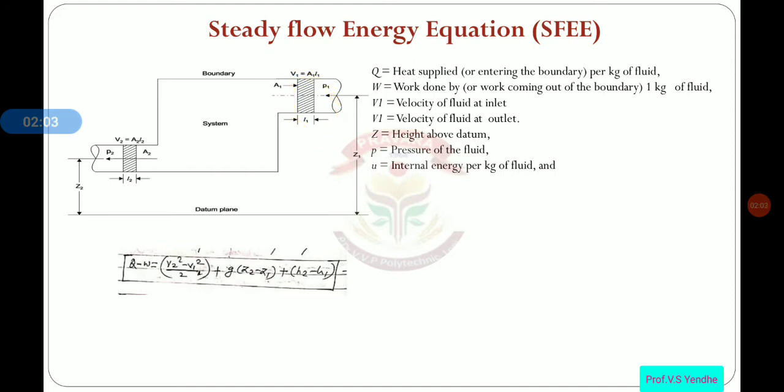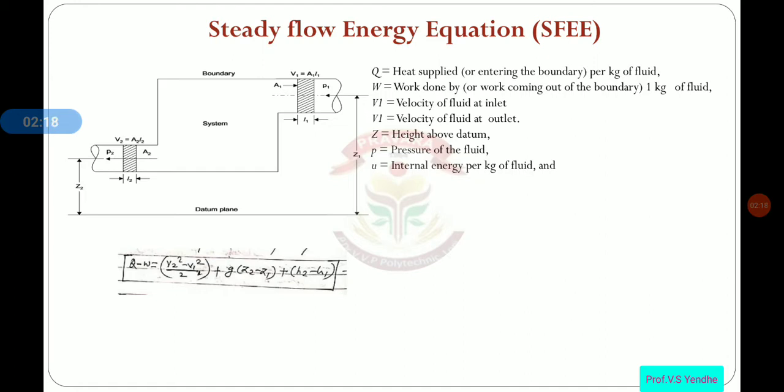Then the inlet area is A1. The velocity of the flow at the inlet is V1, and the pressure of the fluid at the inlet is P1.